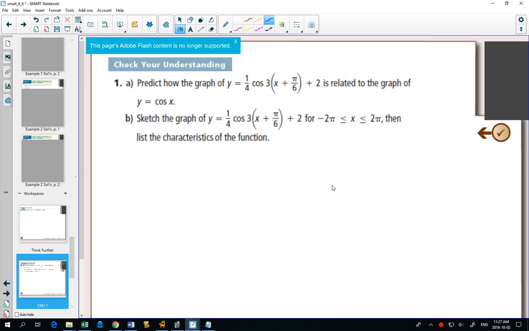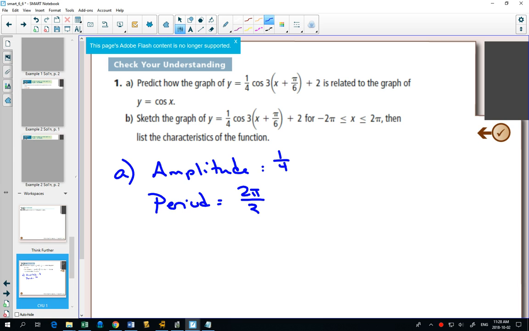Part A says predict, so we can just label the things that we know from our graph. Can you see that the amplitude is going to be 1/4? Can you see that your period is going to be 2 pi over your b value, which will be 2 pi over 3?